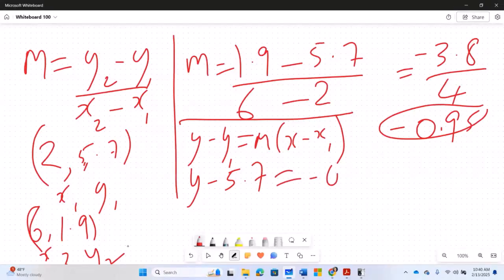Slope is given to me as negative 0.95. And then x minus x1, x1 is 2.